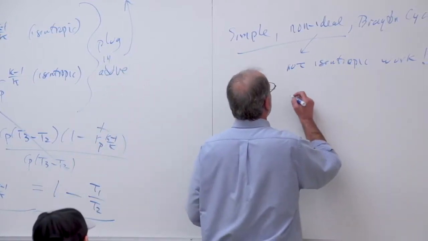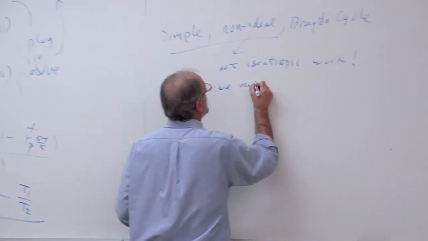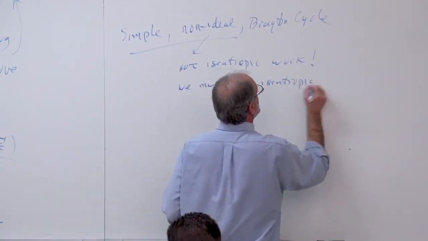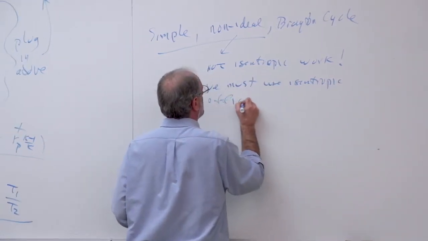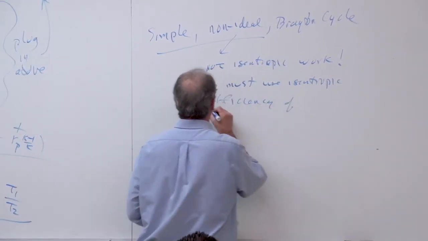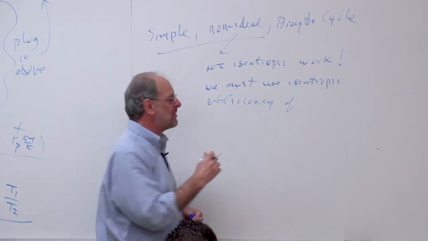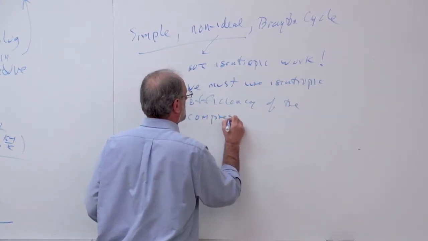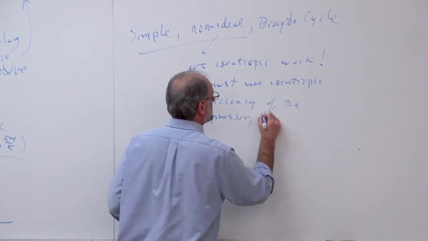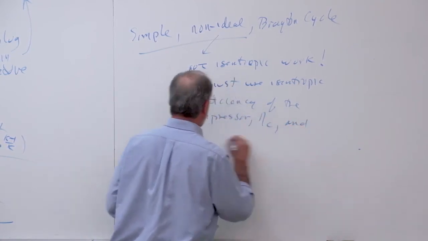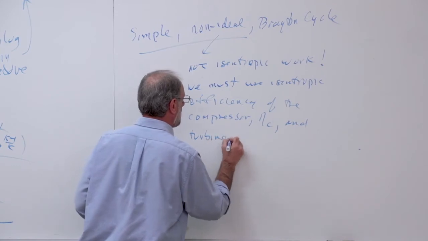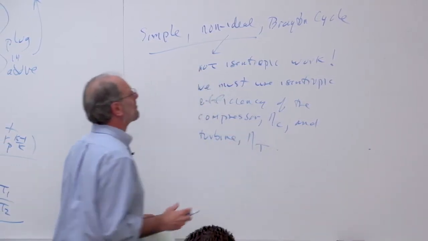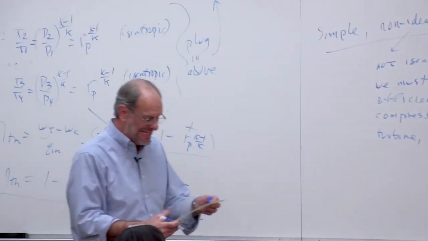So this is not isentropic work anymore, and we must use the isentropic efficiency. Of course, this is going to be the isentropic efficiency for both those devices, that of the compressor, which is just eta sub c, and the turbine, which we call eta sub t. Okay, so that's really the big difference.